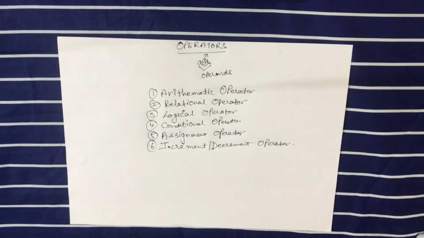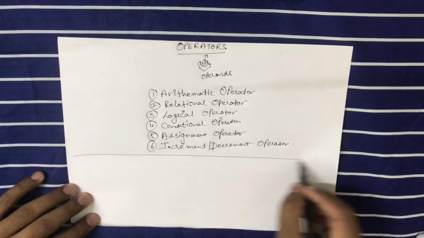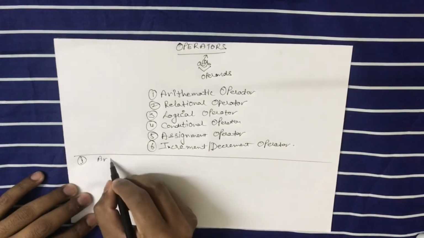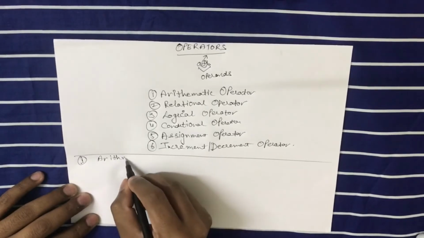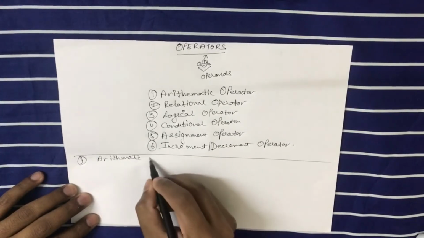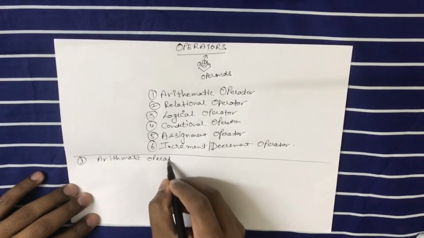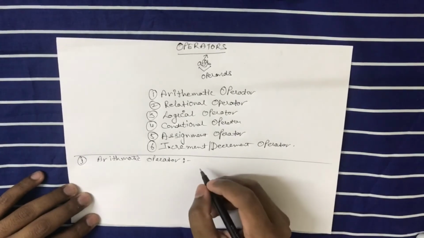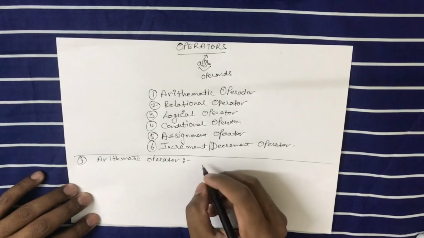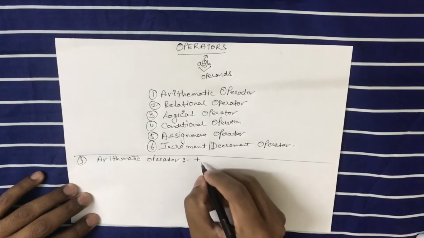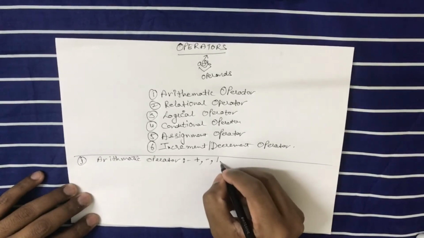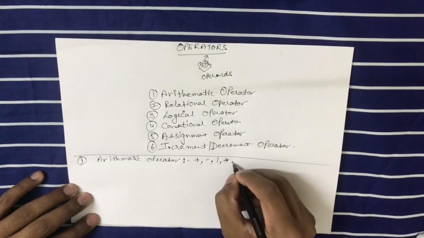So first we'll start with the arithmetic operator. This category of operator includes plus, minus, divide, multiply and mod.